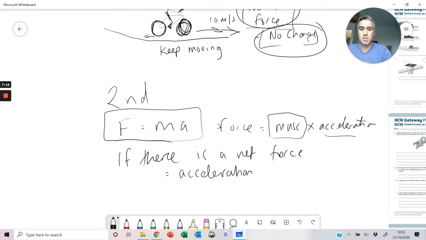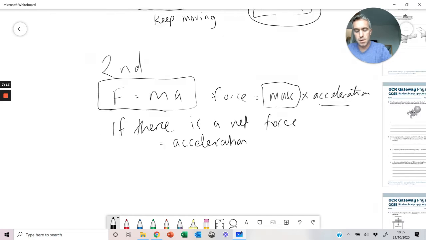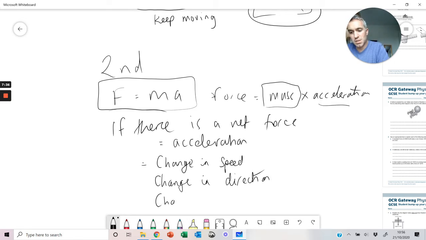And what does acceleration do? Well, come on, move. Acceleration causes either a change in speed, a change in direction, or if something's fixed to the floor, a change in shape.